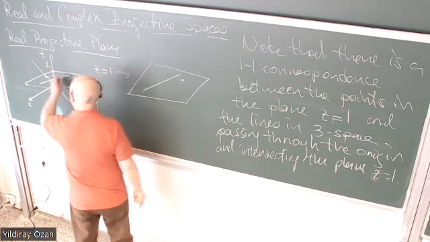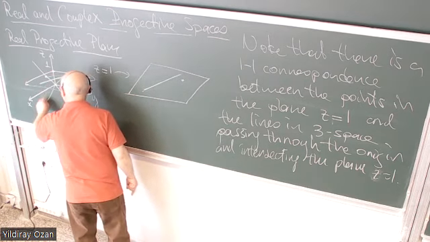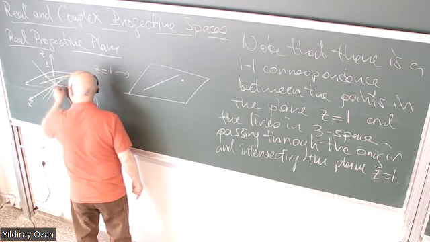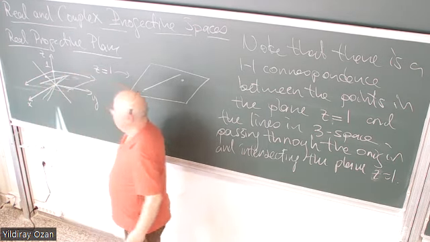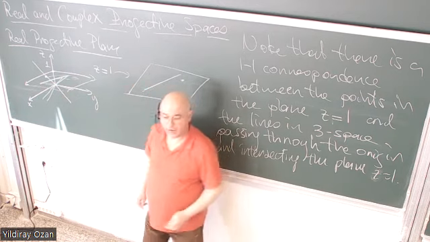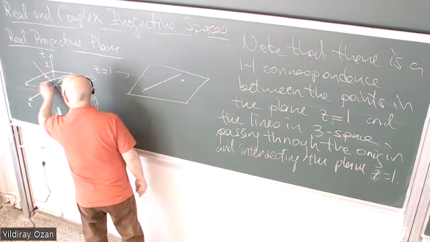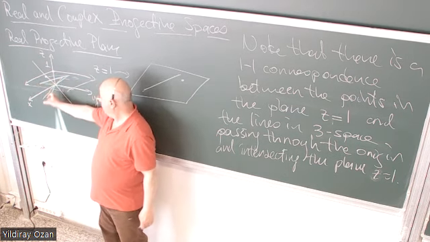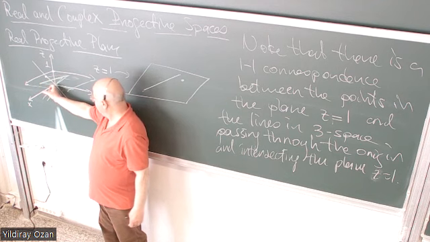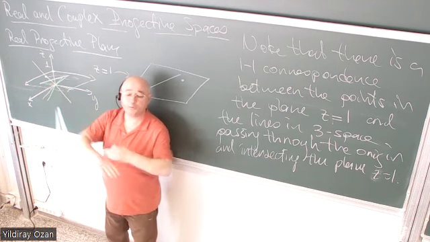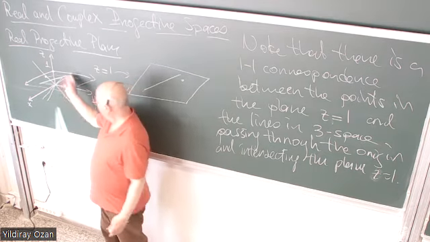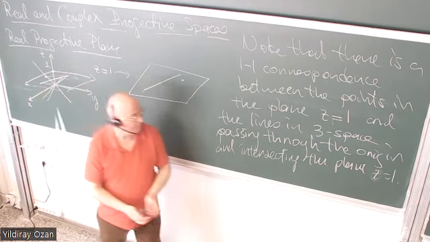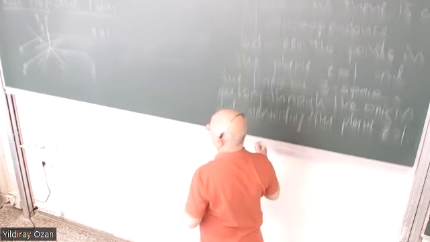So you connect all these points with a line through the origin. What you get? You will get a plane, right? So this line, if you connect every point on this line with a line through the origin, you will obtain a plane which intersects this plane along this line. Okay? So that's the next observation.